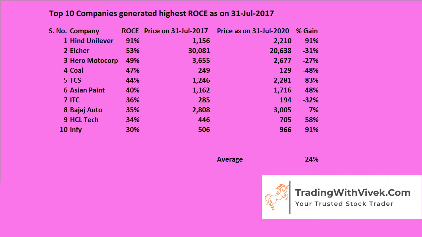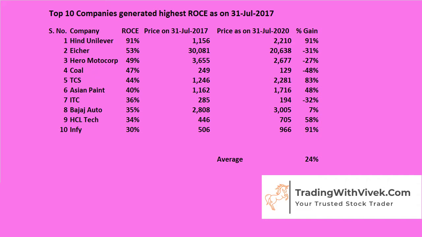These are the prices as on 31st July 2017, and these are the prices as on 31st July 2020. So this is the performance of the last 3 years if we had invested by simply picking the top 10 ROCE generating companies out of Nifty 50 stocks.